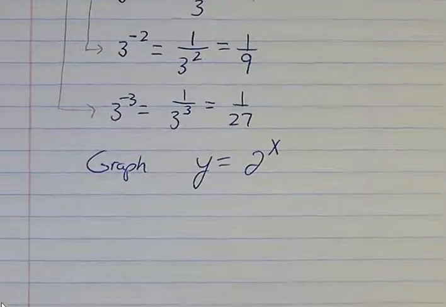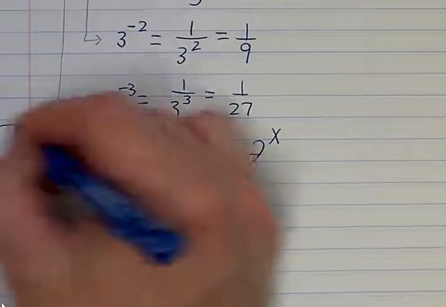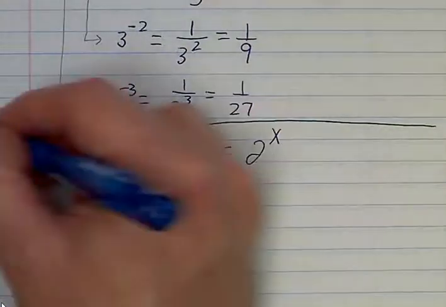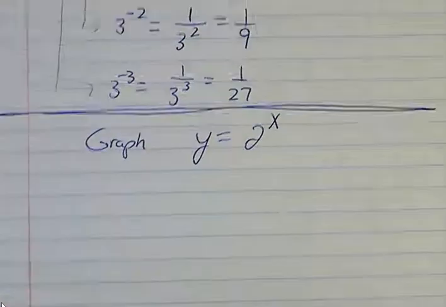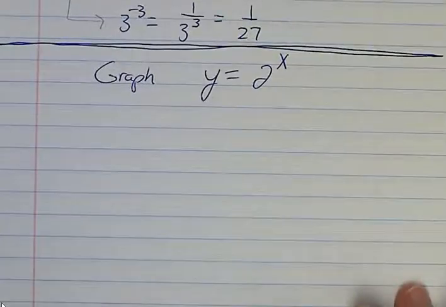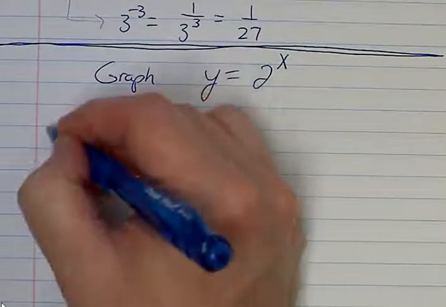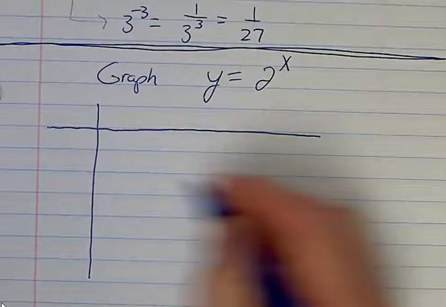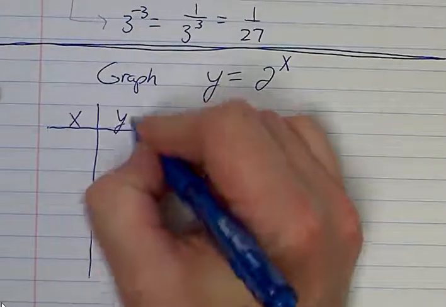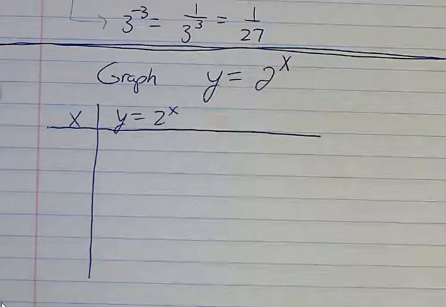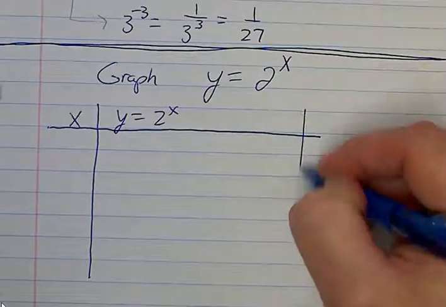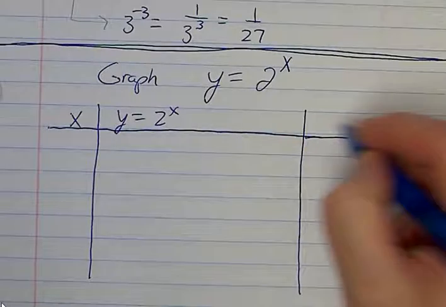Okay, here's one where we're going to graph y equals 2 to the x power. And for this one problem, I'm going to make you do a little chart and plug in the numbers. And then after this one, we're not going to do that for the rest of them.